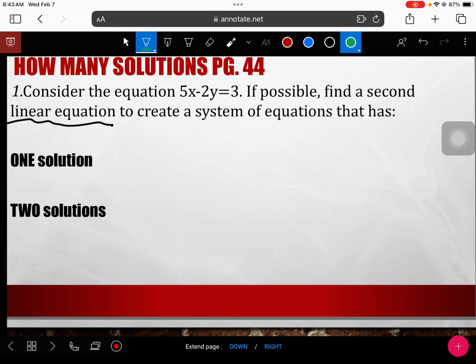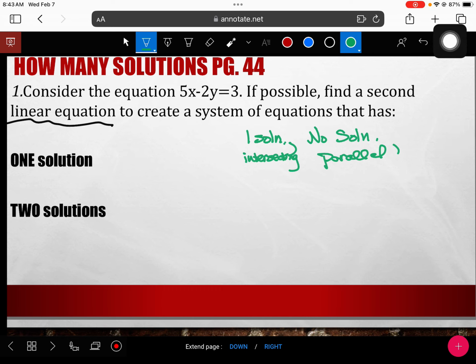We could have one solution. We could have no solutions. And what kind of lines would those be? That would be parallel lines. One solution would be what kind of lines? Intersecting.